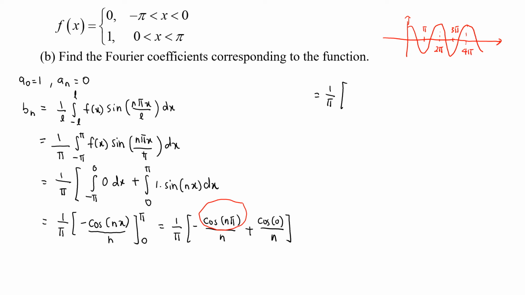If you notice, when n is an odd number 1, 3, 5 and so on, the value of cos(n pi) is equal to negative 1.